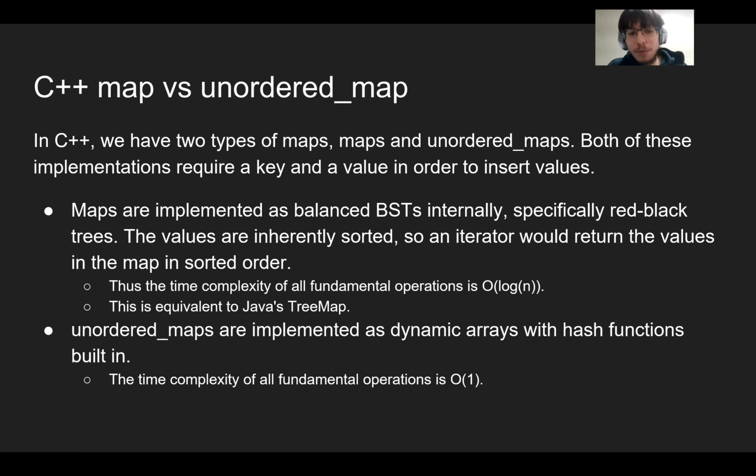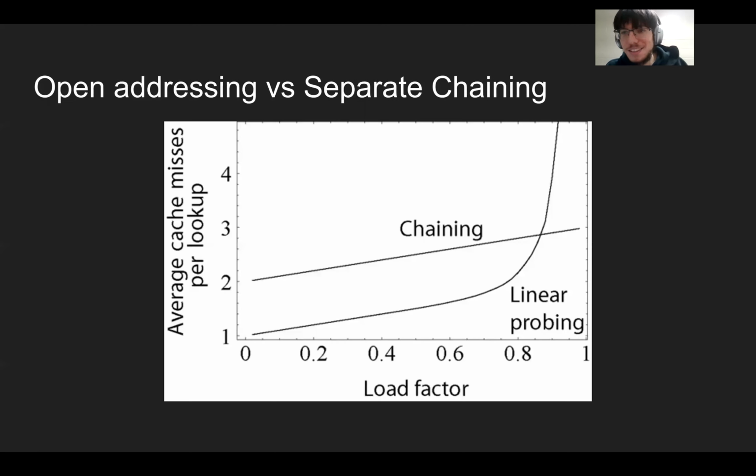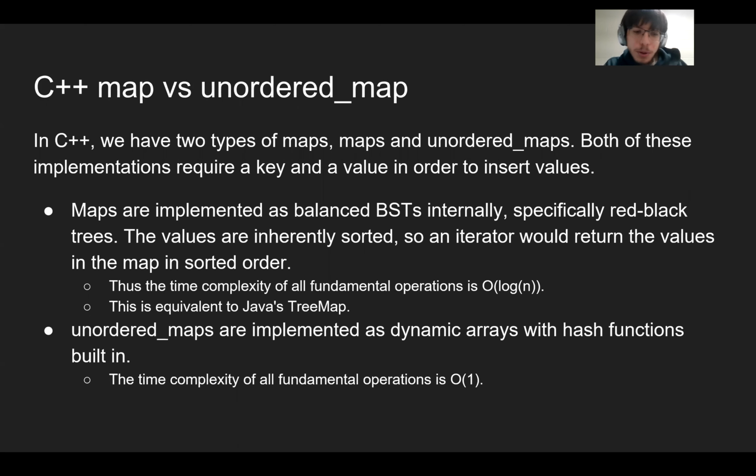For unordered maps, we create hash tables or hash maps, and we have dynamic arrays because we have to increase the size of the array when the load factor gets too high. That's how an unordered map works, with the hash tables we've been talking about today. The good thing is that the operations are O(1), whereas with balanced binary search trees the operations are all O(log n).